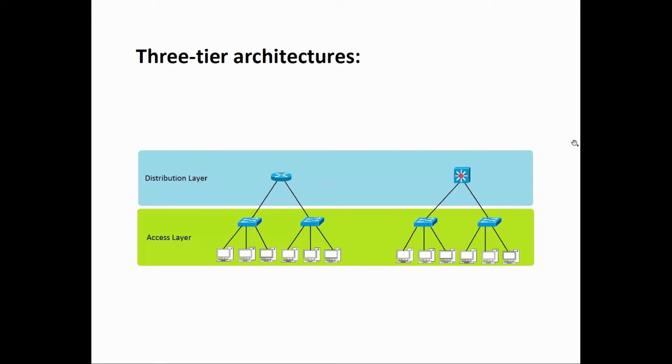On the distribution layer, you need to consider both the amount of ports, which is not entirely critical, but the switch or the router that you put there needs to have the intelligence or the ability to route the packets from one network to the other.